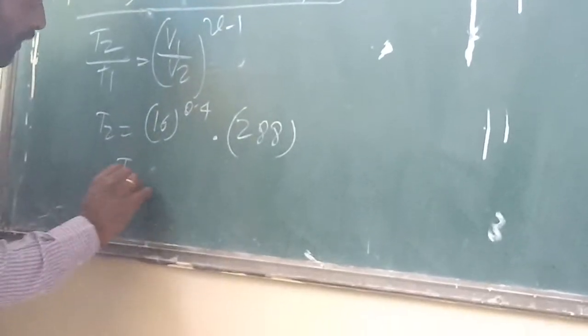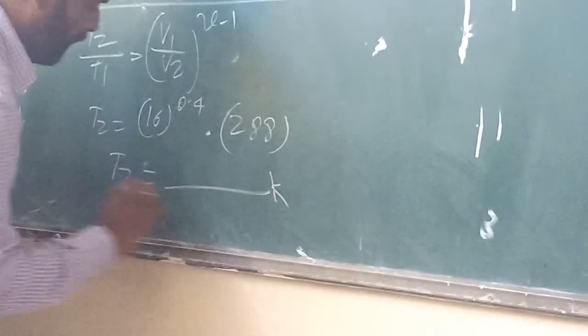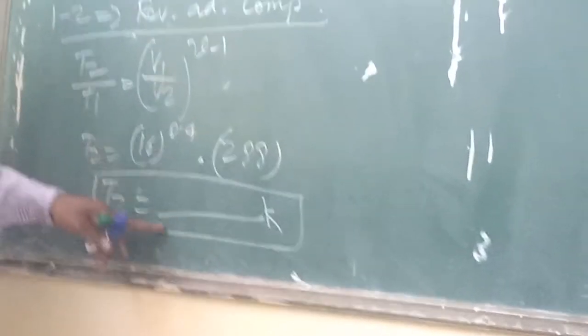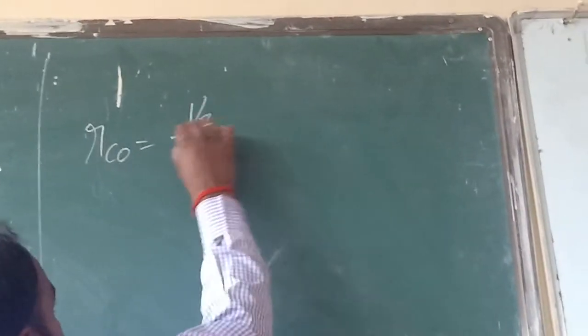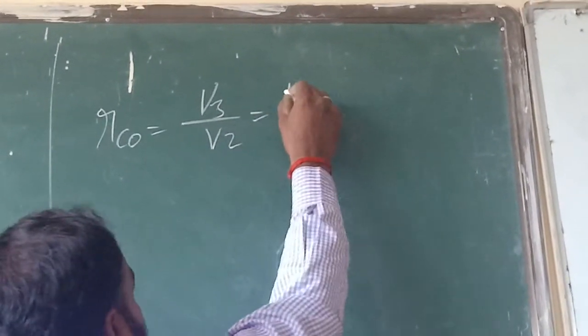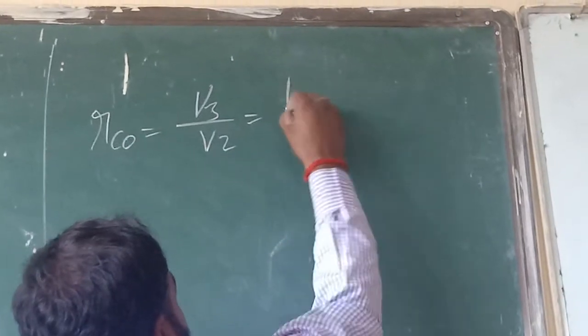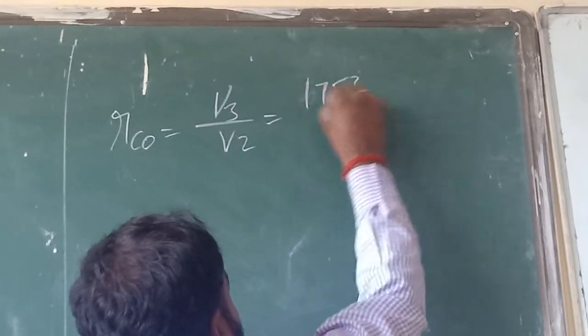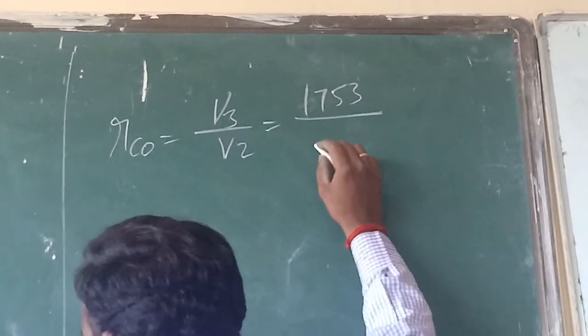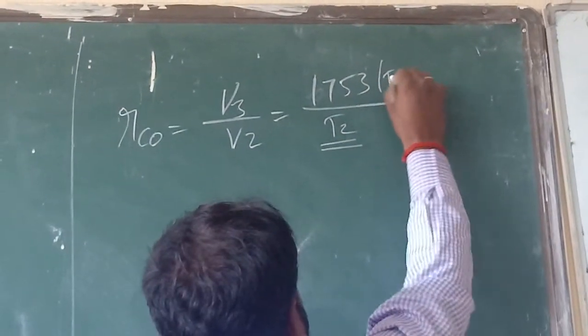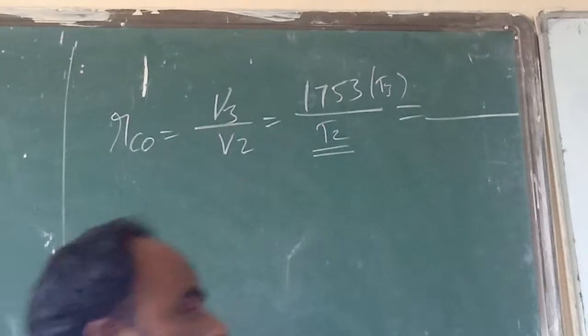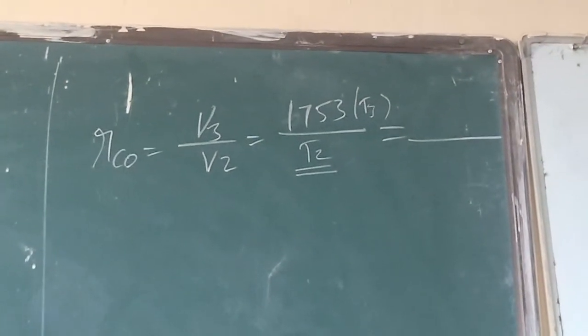So we can find T2 in Kelvin. Then I can substitute here to find the cutoff ratio: rco equals V3 by V2 equals T3, given in the problem as 1753, divided by T2, whatever I calculated. We can find the ratio. The first question is finished.